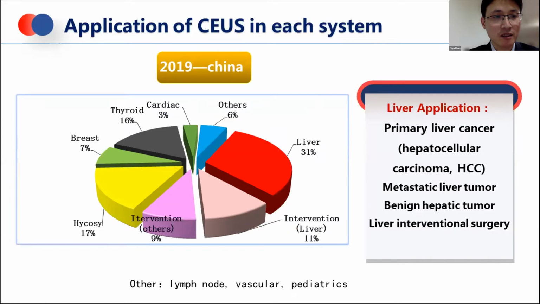In China, it also has been widely used in many areas, such as cardiac, thyroid, breast, but mainly in liver application and intervention procedures. In liver application, CEUS is a method for diagnosis of HCC, metastatic liver tumor, and benign hepatic tumor.